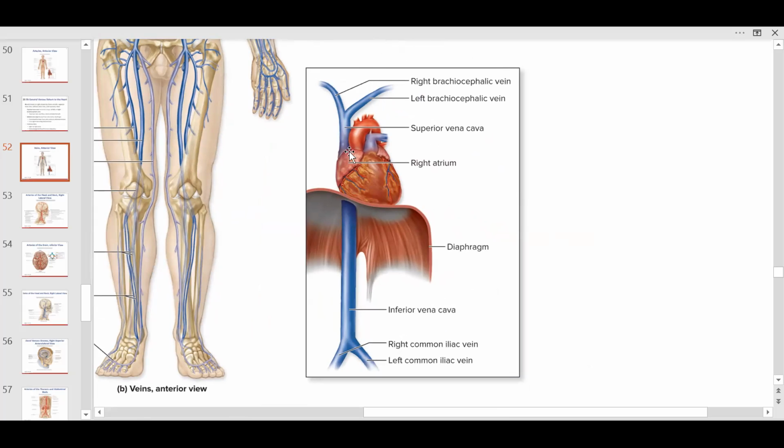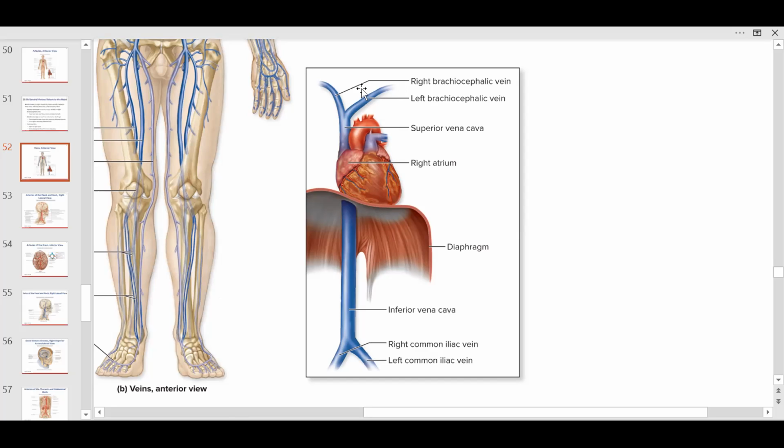So this is a good picture to see where the main branches of veins are draining back to the right atrium. Superior vena cava and inferior vena cava, the major passageway into the right atrium. I know I keep repeating that, but it's worth it.